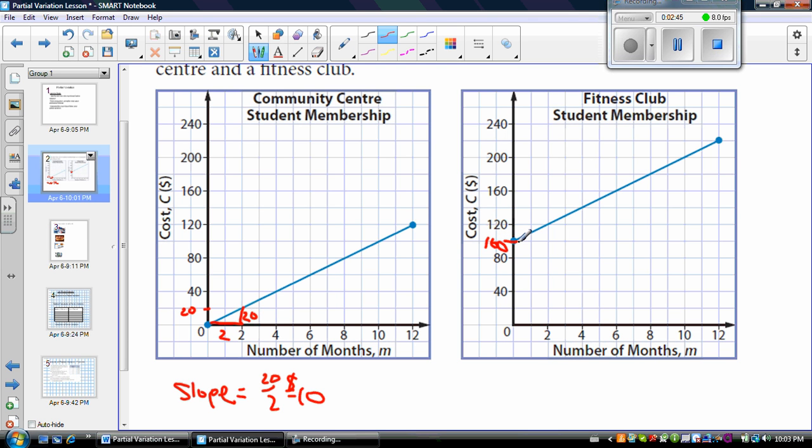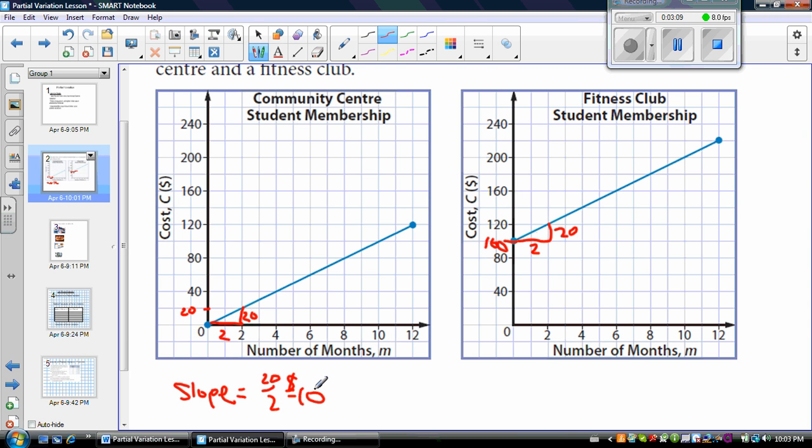We go across, find our rise and our run. Our rise in this case is 120 minus 100, so that's 20 again. And then our run here is also 2. So we have the exact same rise over run, 20 over 2, which is 10.